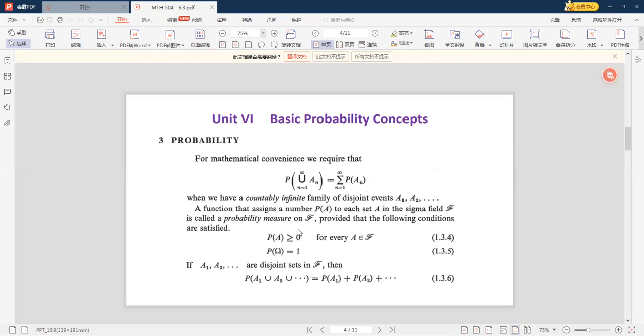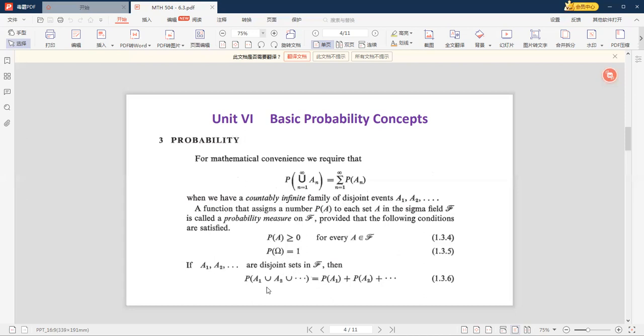And the three conditions are here. The function is always non-negative. You cannot talk about negative probability, right? And the function at omega, which is also in F, is 1, as we just said.